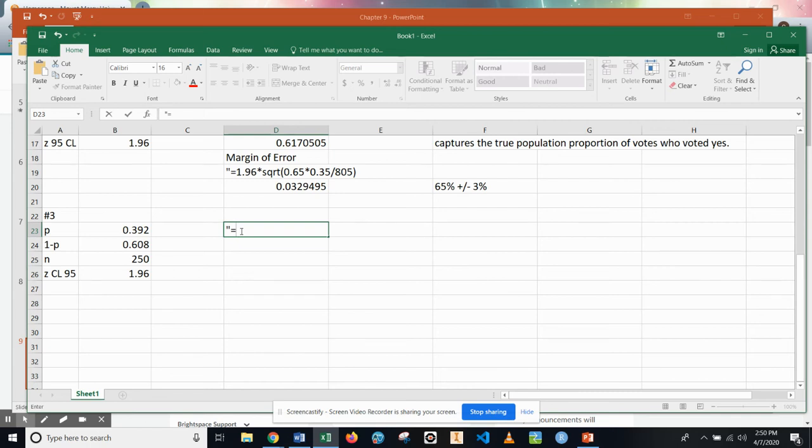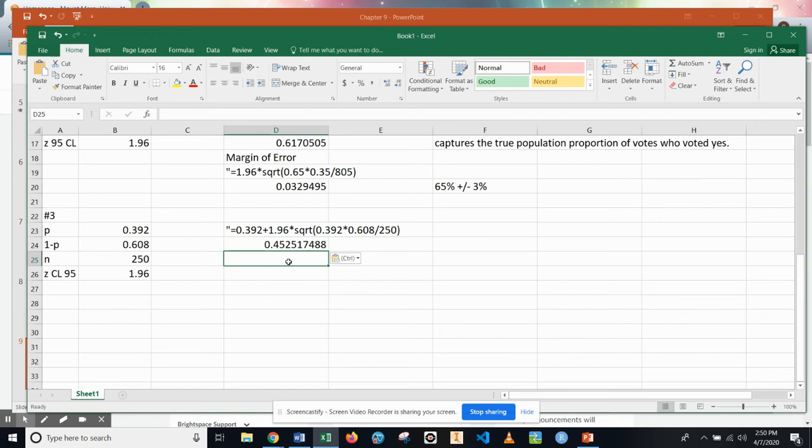So I would do 0.392 plus 1.96 times the square root of 0.392 times 0.608. That's 1 minus P, divided by my N. Again, this would be my upper. Now let's copy and paste that so you can see that value.